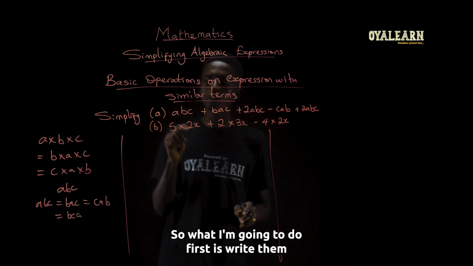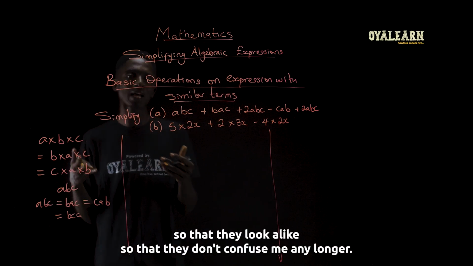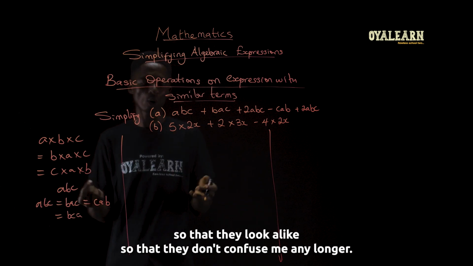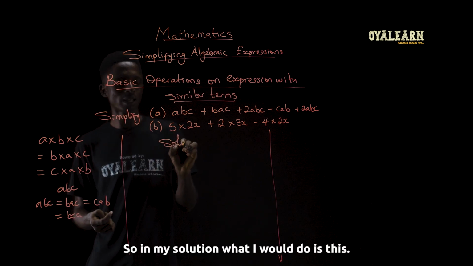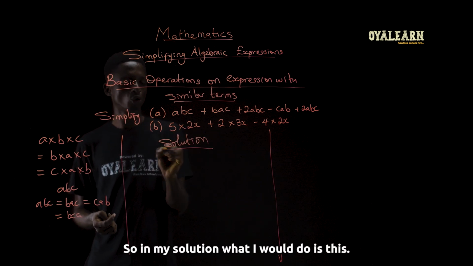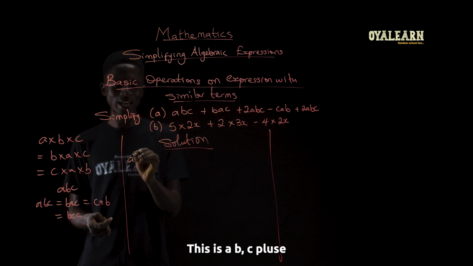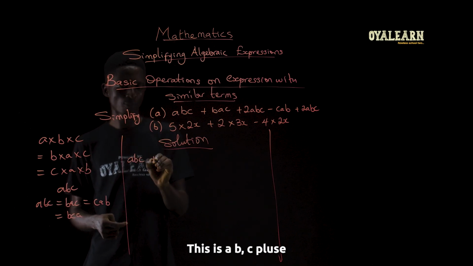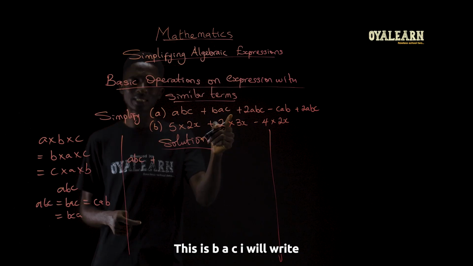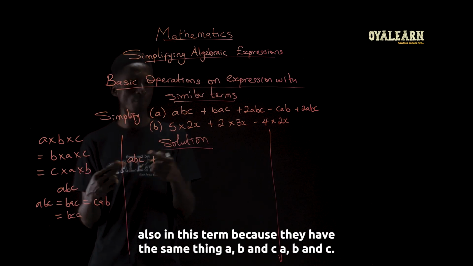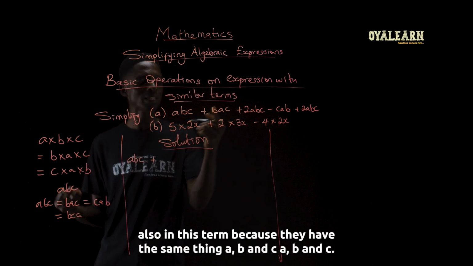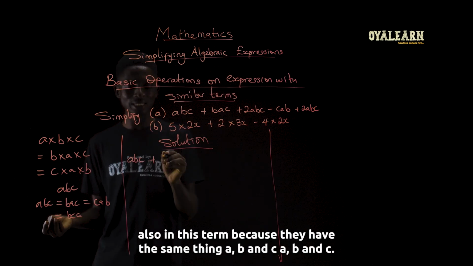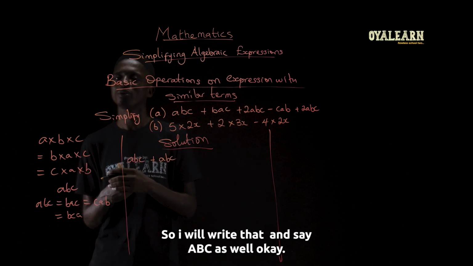So what I'm going to do first is write them so that they look alike, so that they don't confuse me any longer. So in my solution, what I will do is this. This is ABC plus, this is BAC. I'll write it also in this form because they have the same thing, A, B, and C. So I'll write ABC as well.